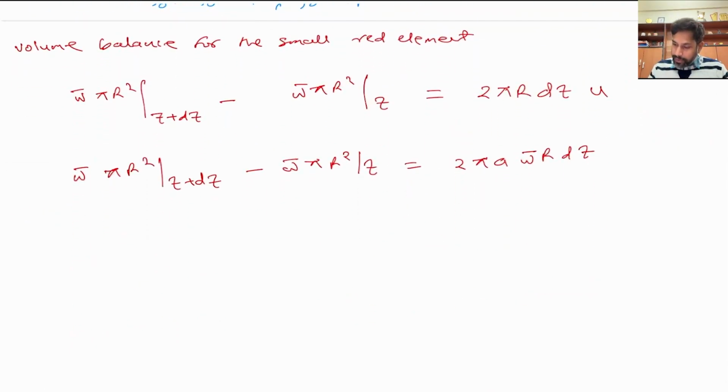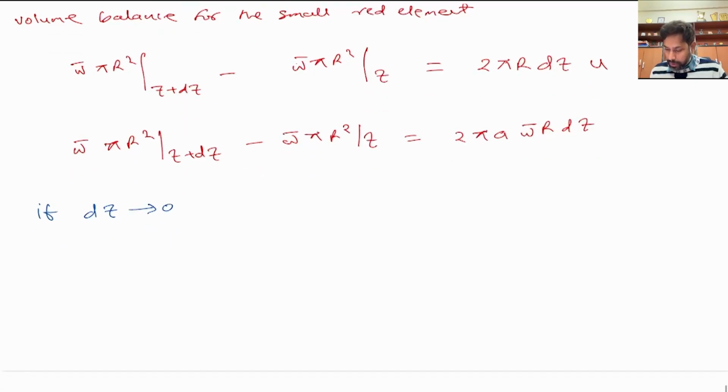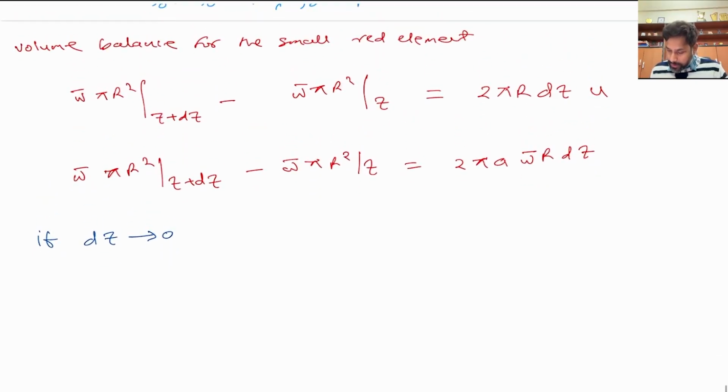Now if we consider the vertical length scale to be extremely small, if dz tends to 0, then we can approximate this equation to be simply d by dz of pi r square w bar equals 2 pi a w bar r.